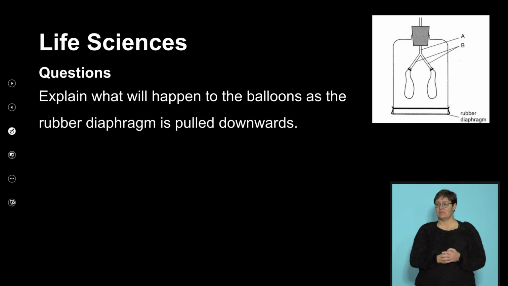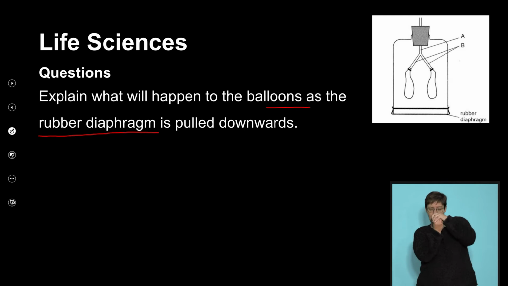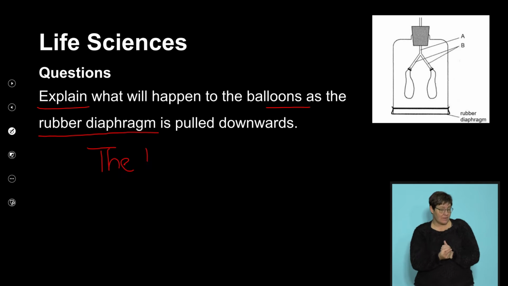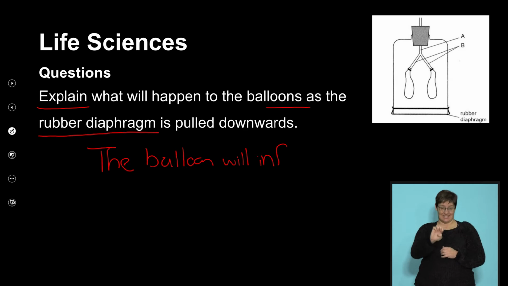Right, now it says to you, explain what will happen to the balloons as the diaphragm is pulled downwards. Now, it just wants one single thing. So what will happen is when the diaphragm pulls downwards, it says explain. What will happen? The balloons will inflate. And why will they inflate?